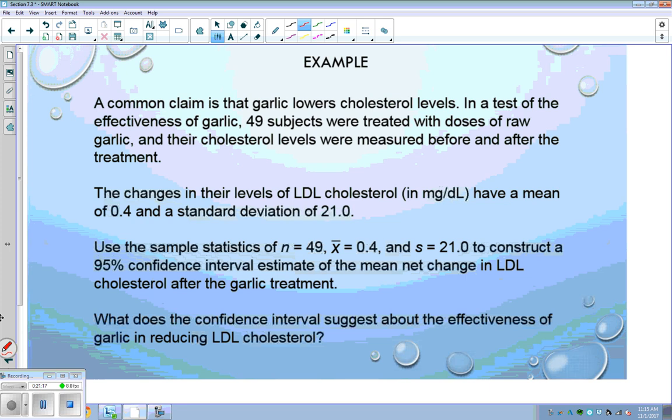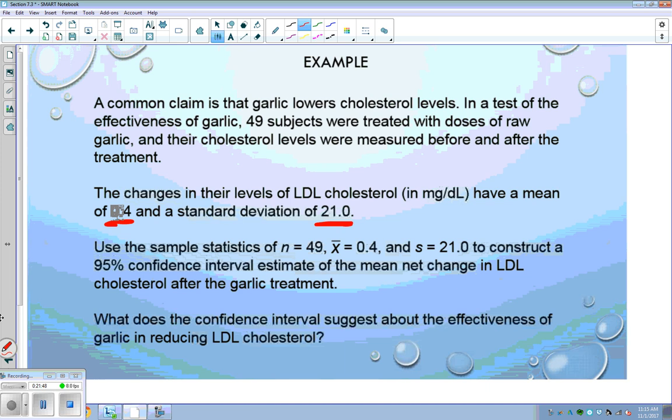The change in their LDL, that's the bad cholesterol, has a mean of 0.4 and a standard deviation of 21.0. These are not actual raw data. They are our sample statistics because it's telling us what the mean is and what the standard deviation is.